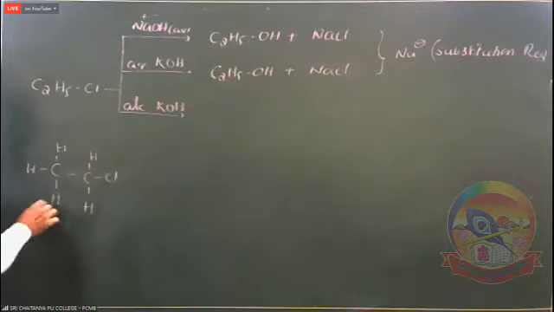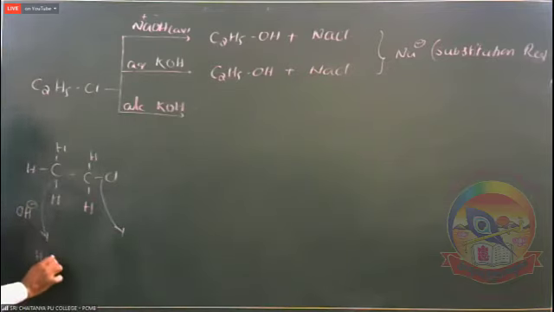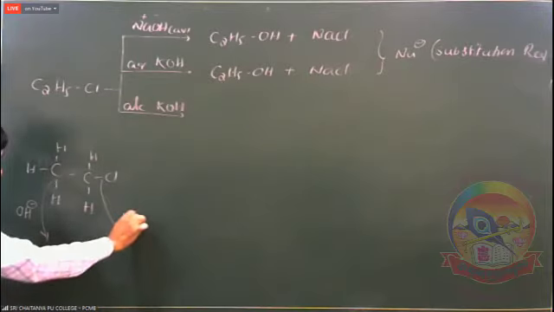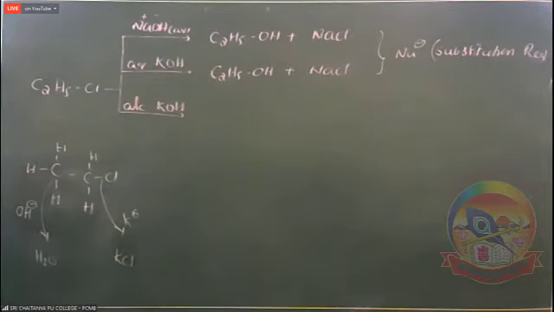With alcoholic KOH, the H plus ion is eliminated in the form of water. Halogen is eliminated in the form of KCl or NaCl.